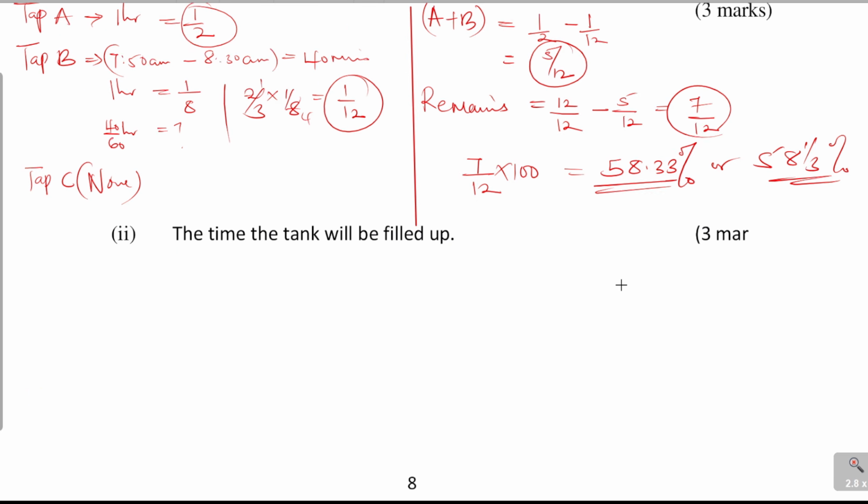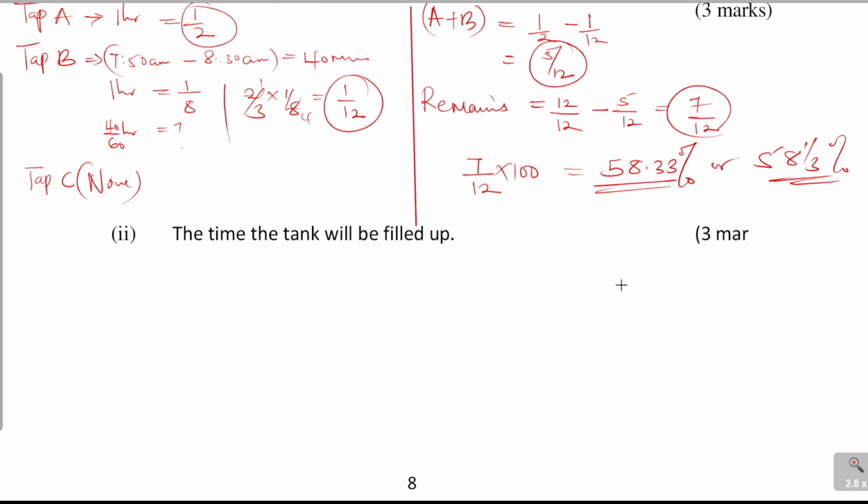The last part, part 2, is the time the tank will be filled up. Now remember, it will be filled up when it is being filled by all the 3 taps.